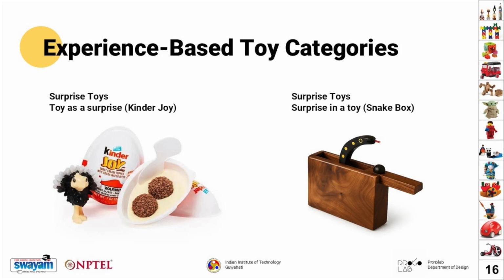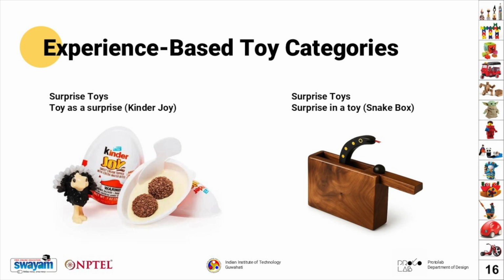The packaging hides the outcome, and opening it becomes a moment of excitement and anticipation. The experience unfolds in stages. The toy itself may be simple, but the reveal moment carries the emotional weight. Here, the surprise is not inside the toy; the toy itself is the surprise.